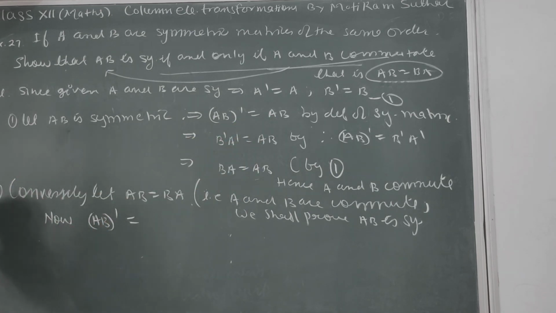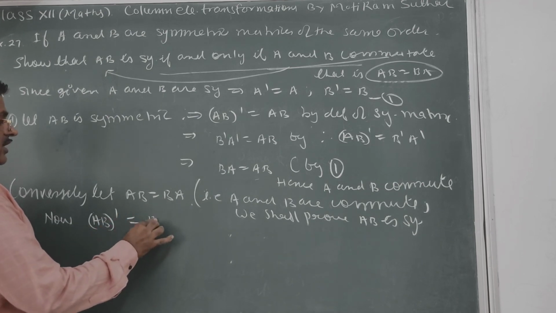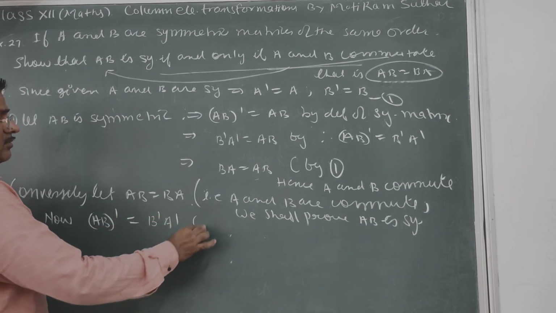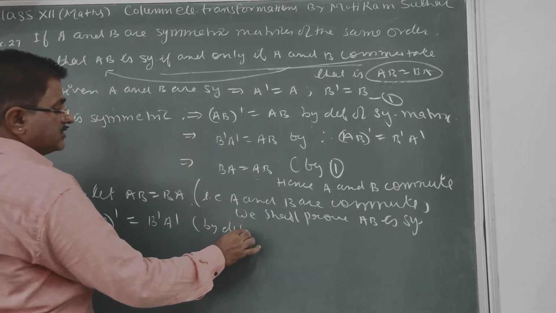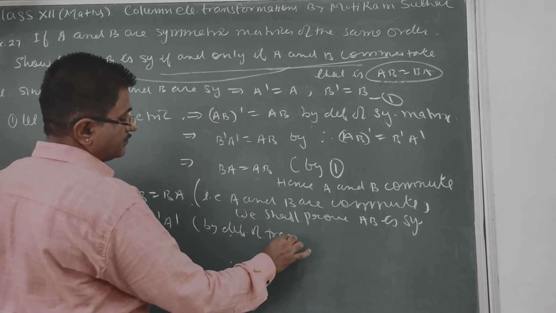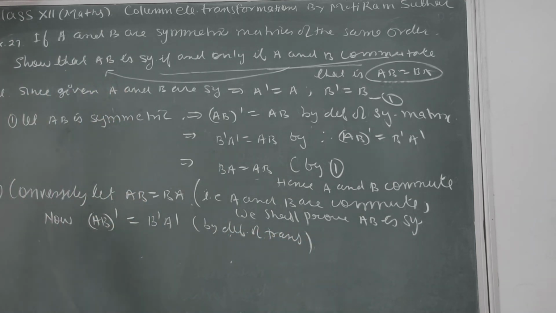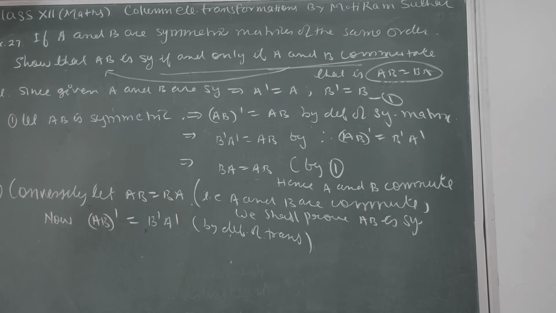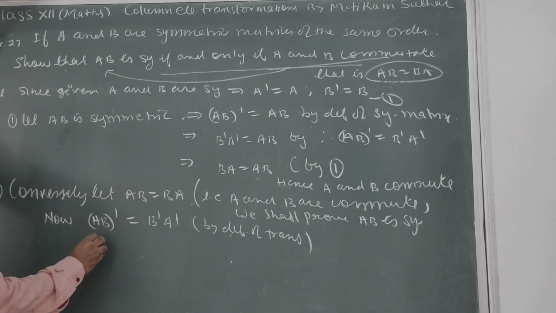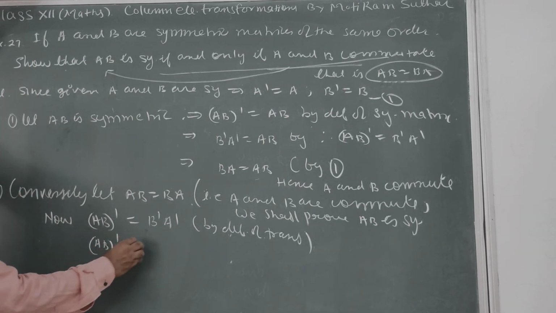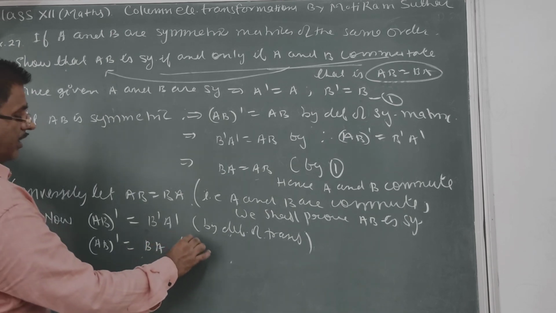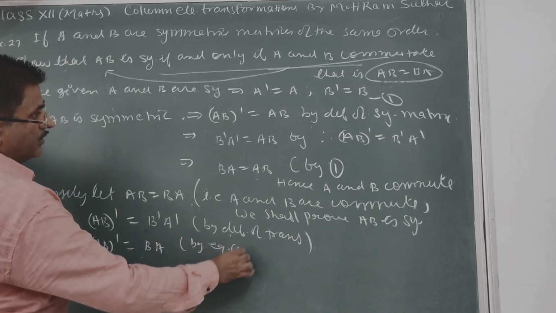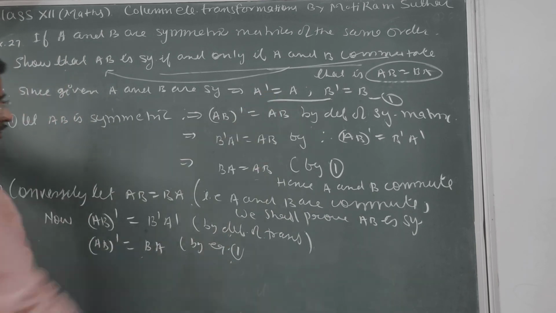So AB whole transpose by definition of transpose can be written as B transpose A transpose. Now again B transpose can be written as B and A transpose can be written as A. So we can write AB whole transpose equal to B into A, that is by equation 1. ये 1 से हमने रूट ले लिया है.